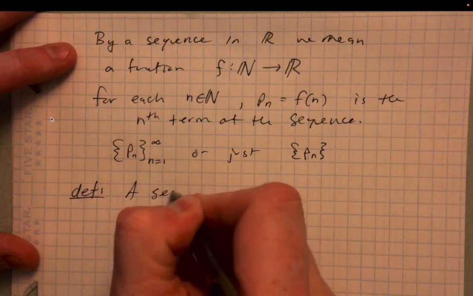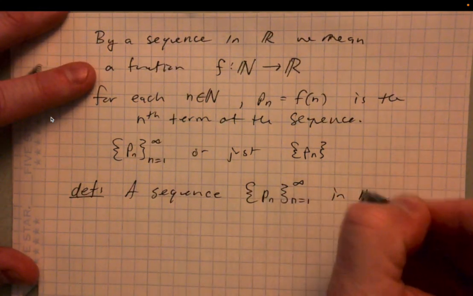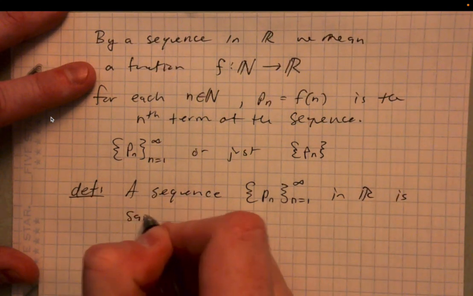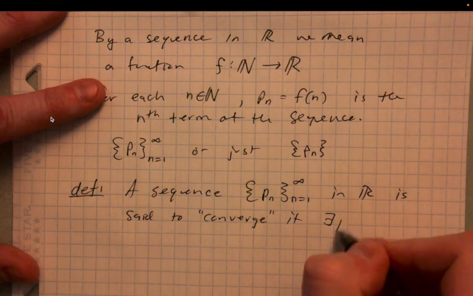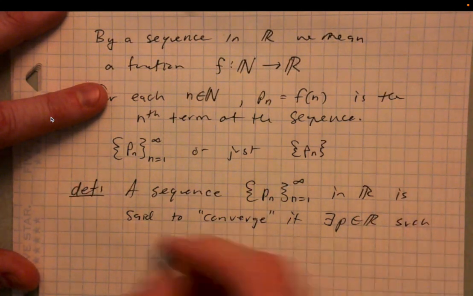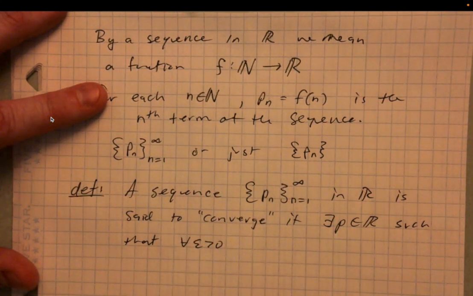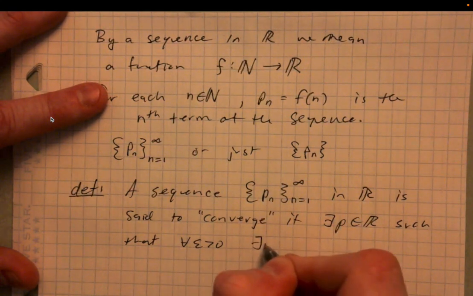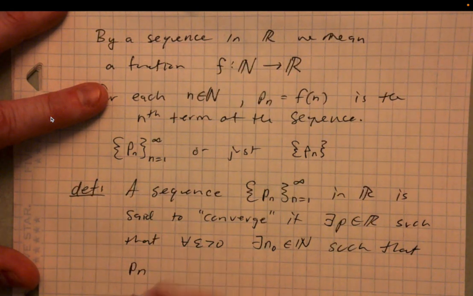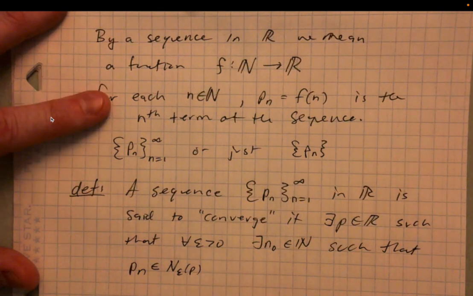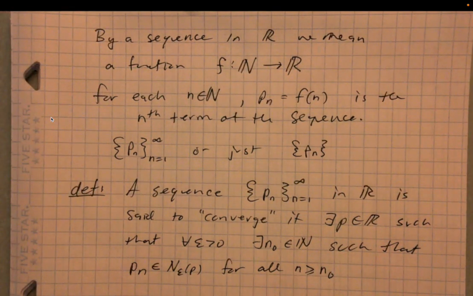We say that a sequence, and I'll denote it p sub n, n equals 1 to infinity, in R, is said to converge if there exists some real number p in R such that for all epsilon greater than 0, no matter how small epsilon happens to be, there exists an n naught, a natural number, such that p sub n is in the epsilon neighborhood of p for all n greater than or equal to n naught.